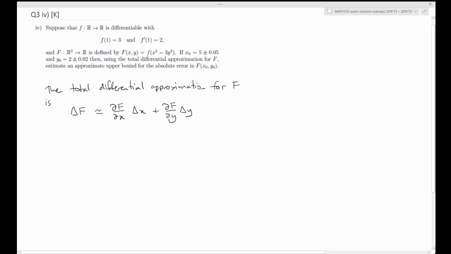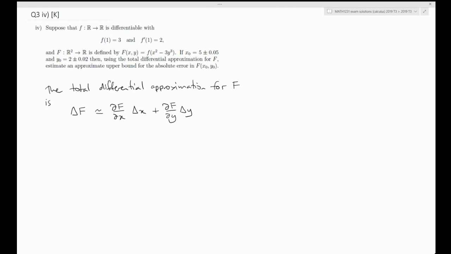So you might read that as delta f is approximately the partial derivative of f with respect to x times delta x plus the partial derivative of f with respect to y times delta y.